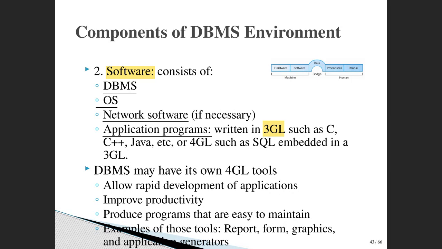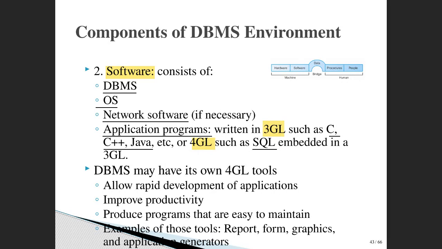Third generation languages, or programming languages, are like C, C++, Java, and fourth generation languages like SQL, which is embedded in a third generation language. So an application program is written in a third generation language or a fourth generation language.